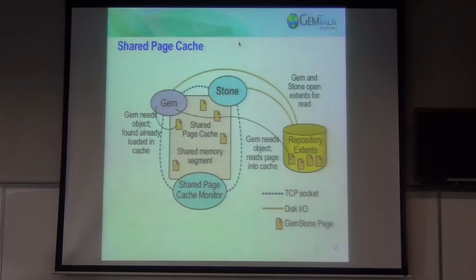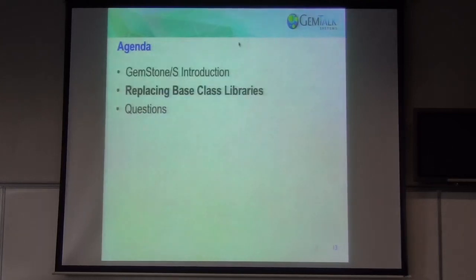There's a shared page cache that is used to bring into memory frequently used objects or recently used objects. So even though you have an image that is terabytes in size, you can bring just part of it into memory. So that describes briefly the GemStone architecture.